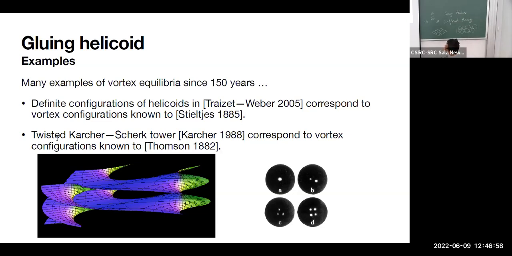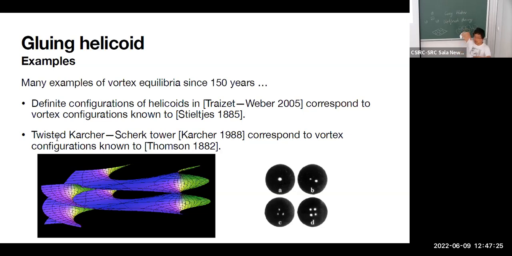And then this twisted Kaken Shirk tower, you have vortices on the polygons, on the polygon vortex. And here I give a triangle example, and these are experiments in superfluids, so quantum physics experiments. And actually, in the 1880s, they already had experiments with magnetic disks.